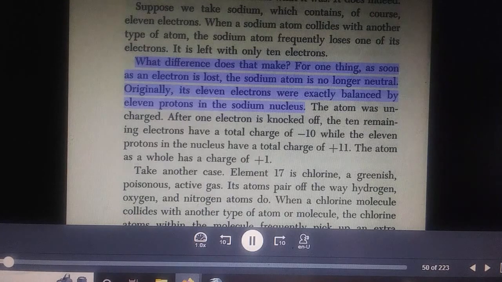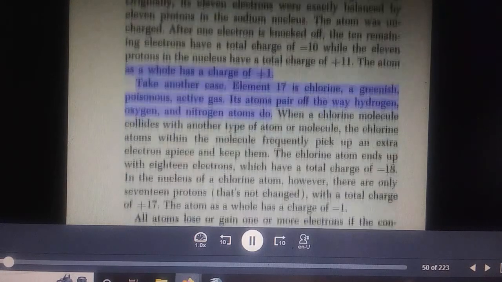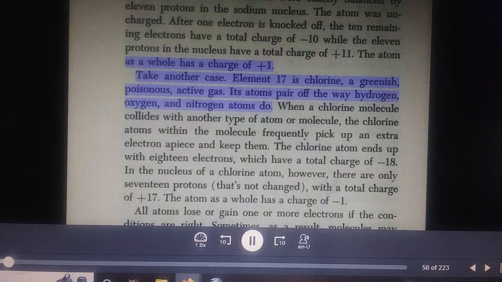Originally, its 11 electrons were exactly balanced by 11 protons in the sodium nucleus. The atom was uncharged. After one electron is knocked off, the 10 remaining electrons have a total charge of minus 10 while the 11 protons in the nucleus have a total charge of plus 11. The atom as a whole has a charge of plus 1.